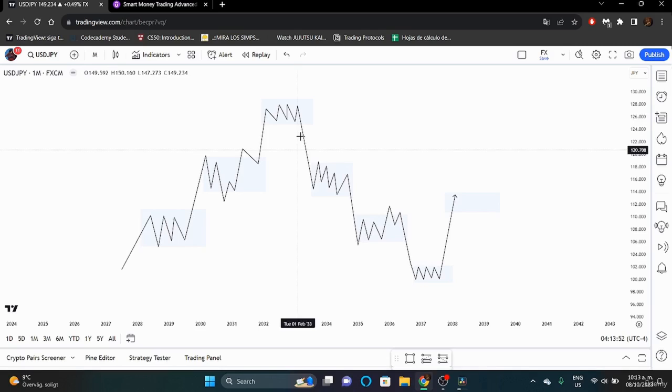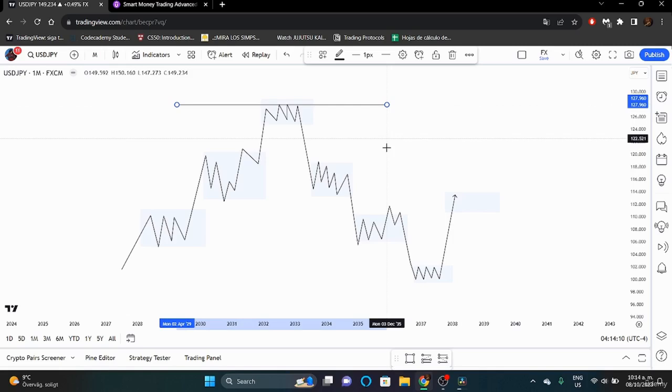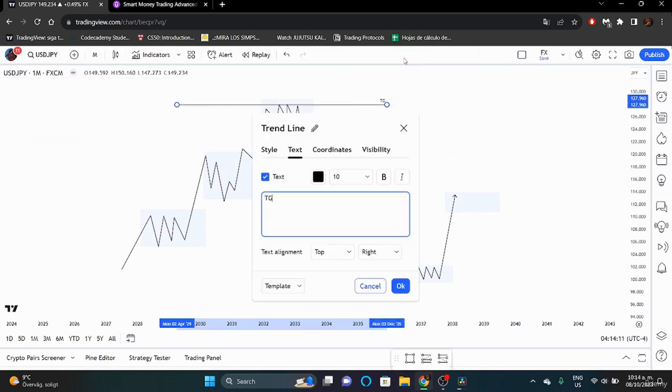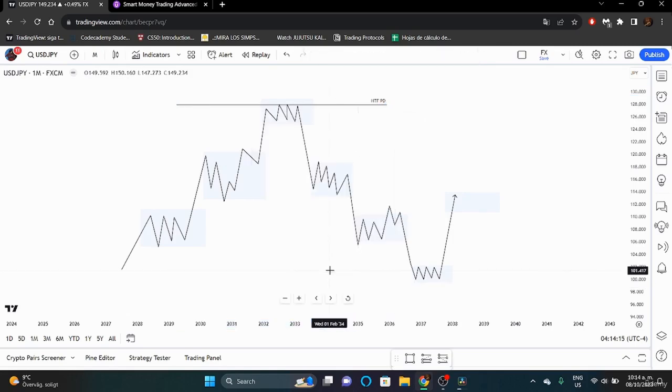You're probably seeing this in the market, and you see, okay, this is exactly how the market operates. That's exactly how the market operates. It will induce liquidity once a higher time frame PD array is tapped. Once a higher time frame PD array is tapped, same thing over here.